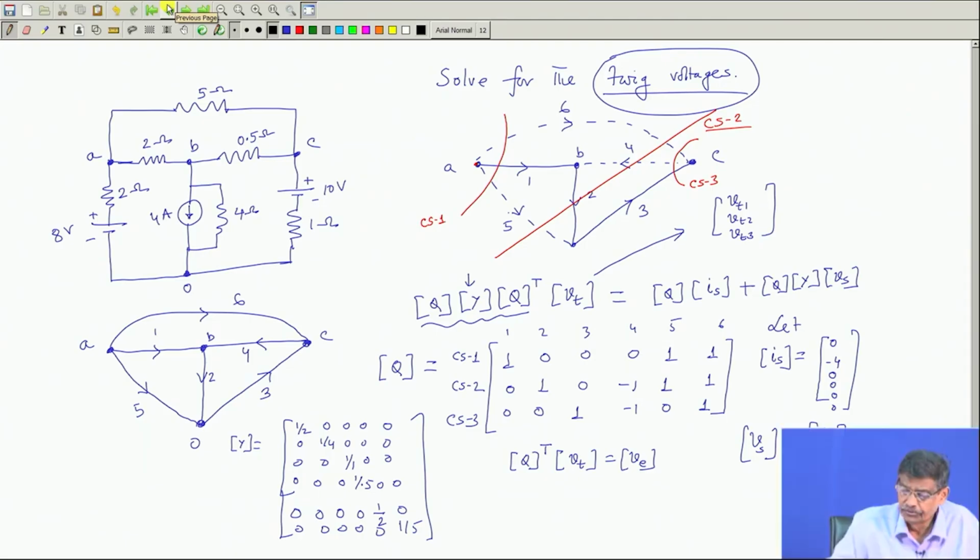There may of course be situations, for example in this case the Y matrix is like this, 1 by 2, and so on. It may so happen that between two nodes there is no impedance connected. Suppose an ideal battery is connected across A and B, then the value of Y will be infinitely large.